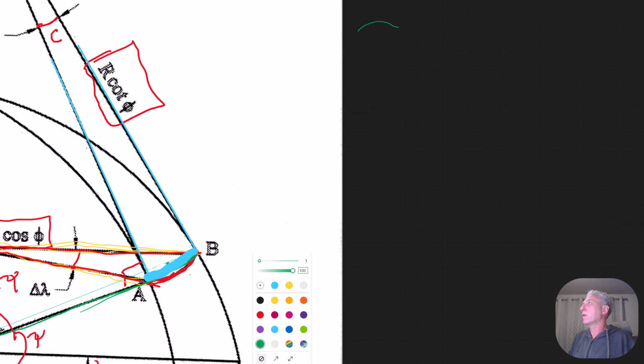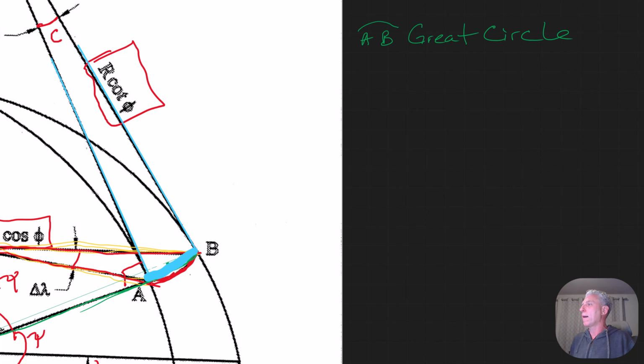So we have the arc from A to B that lies along the Great Circle. We have in red the arc from A to B that lies on the plane of the latitude, or I'll call it the latitudinal plane.